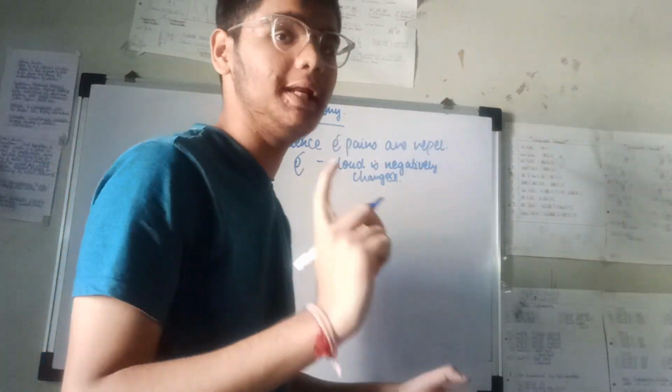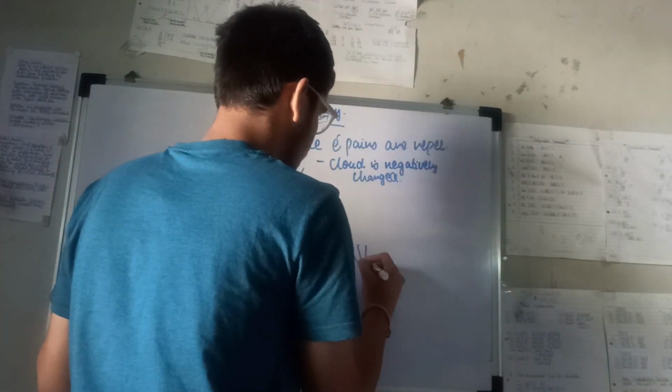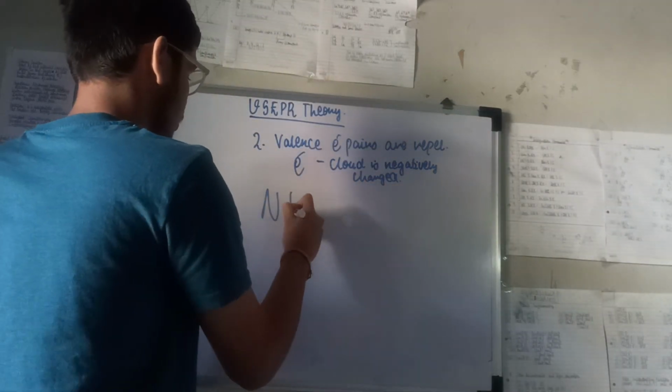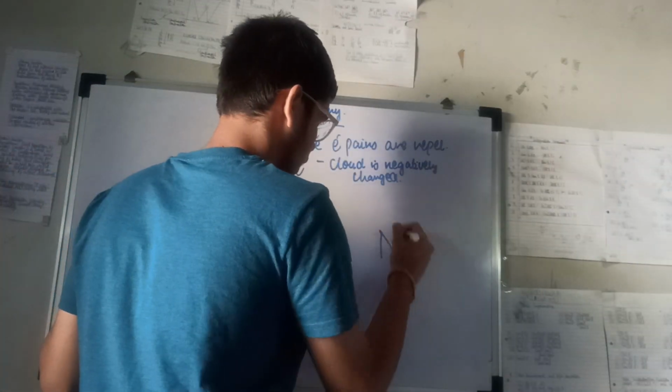And how they are repelling each other, I will tell you. Suppose this is the molecule NH3. Wait, I will draw NH3 here. So I will show you the repulsion.